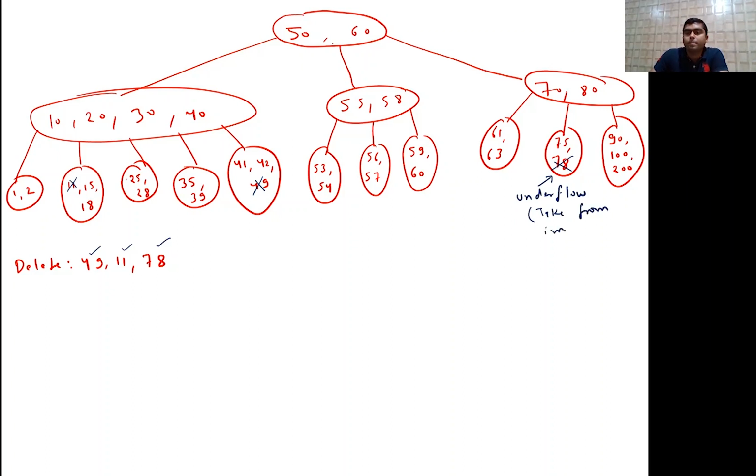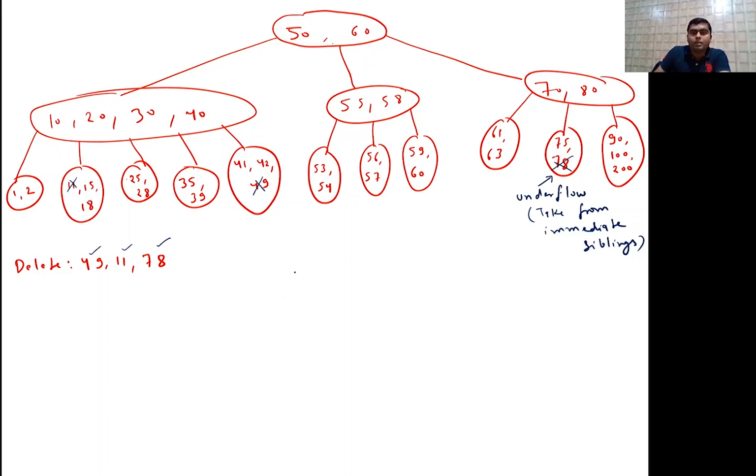The left sibling, 61 and 63, is not in a position to give because it also has the minimum number of keys. So the donor will be from the right side, which is 90. But 90 will not come directly here: 90 will go up and 80 will come below.